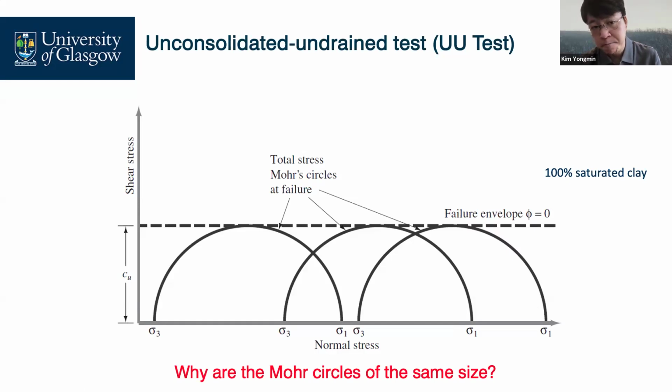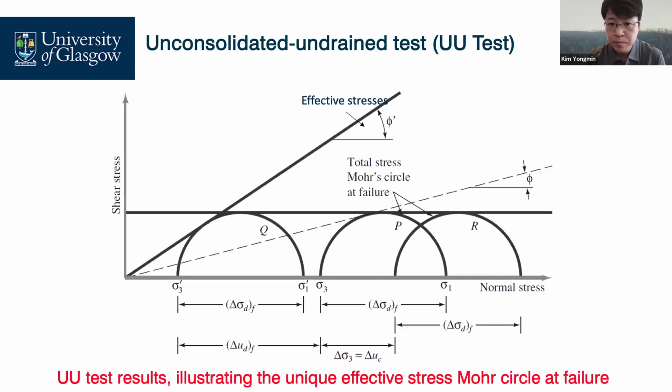Why? These circles are total stress, and minus your pore pressures gives the effective stress Mohr circle.